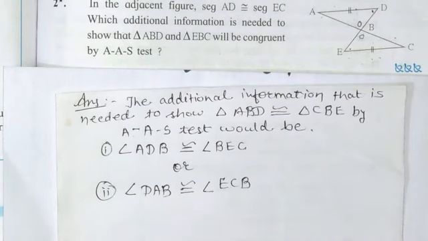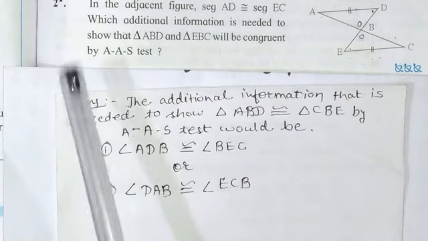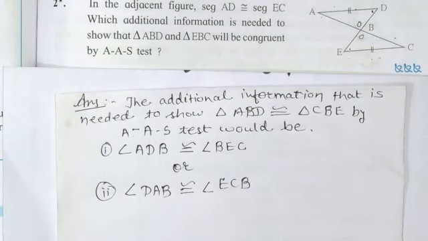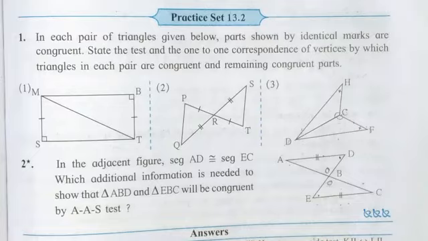Then only the triangles will be congruent by the test AAS. Got it, students? That way you have to write the answer to this question. If you want, you can take a screenshot and write it properly. This way our practice set number 13.2 is over.